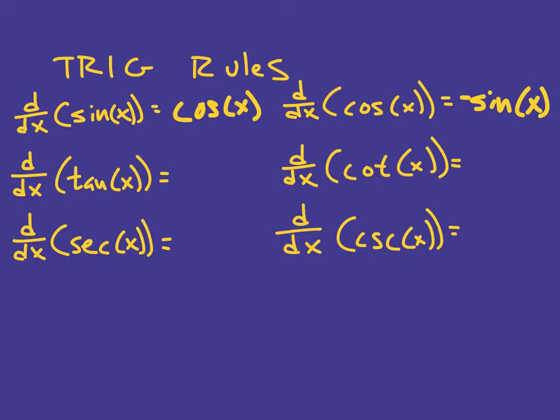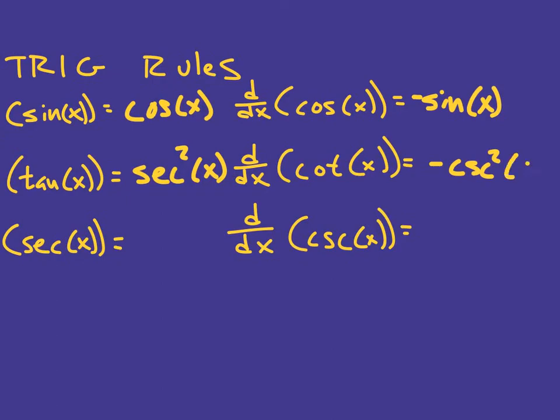If I do the derivative with respect to x of tangent of x, this is going to give me secant squared x. The derivative of cotangent is going to give me negative cosecant squared of x.